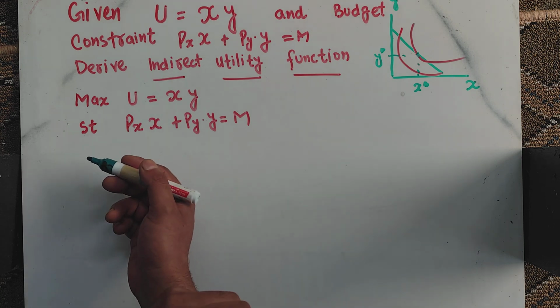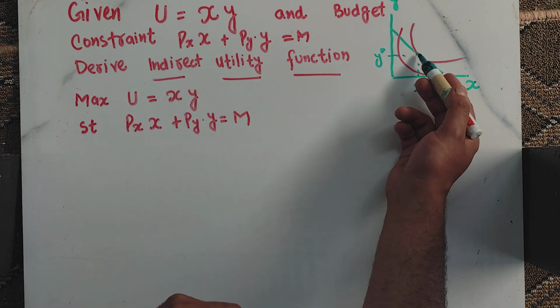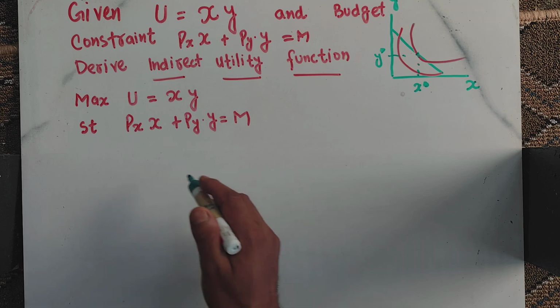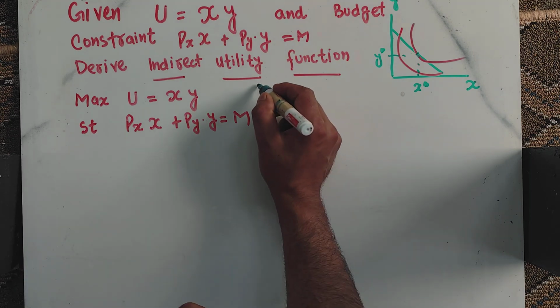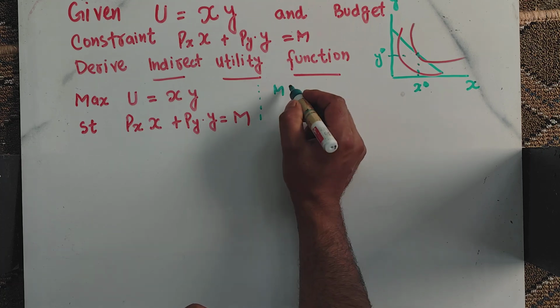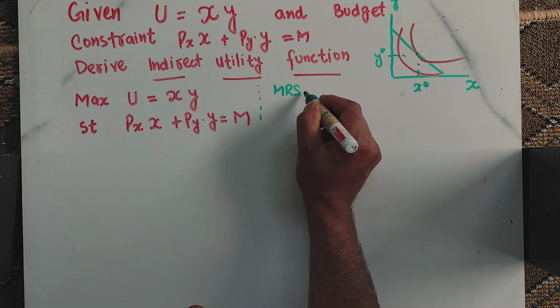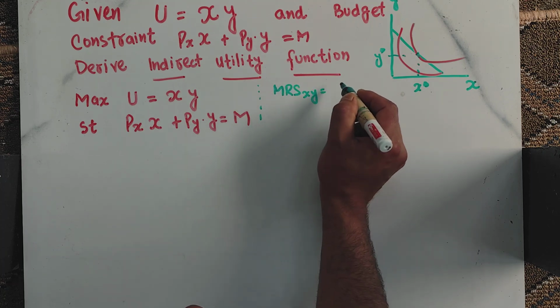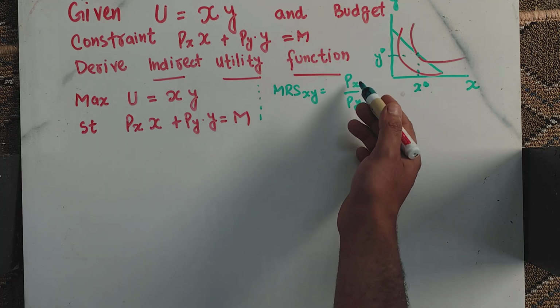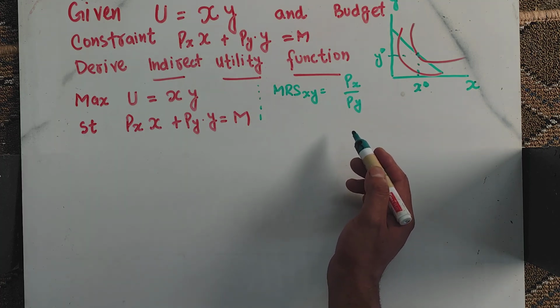At equilibrium, at the point where the indifference curve and the budget line are tangent to each other, this condition must hold: the marginal rate of substitution between good x and y should be equal to the ratio of the prices, price of good x upon price of good y.